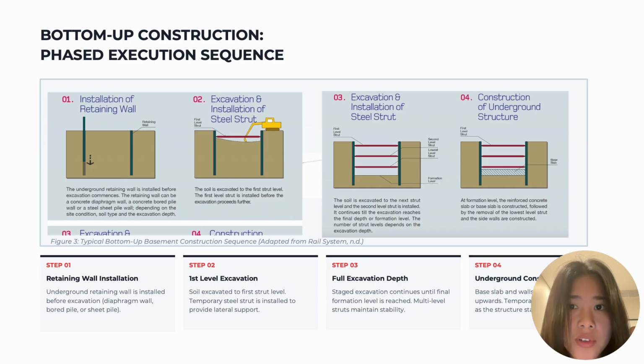Step 3 is excavation continues in stages, and more struts are added at different levels. This continues until the final depth is reached. The last step is the permanent structure is constructed from the bottom upwards, including the base slab and walls.